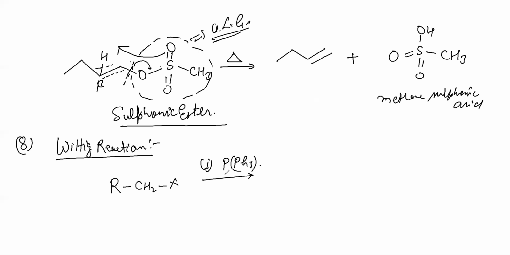Firstly, we treat our molecule with PPh3. Secondly, with a base, generally NaH, KH, alcoholic KOH, like that. Thirdly, we treat it with some aldehyde or ketone like this.